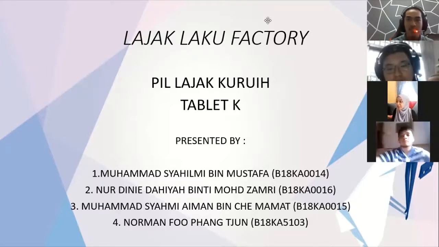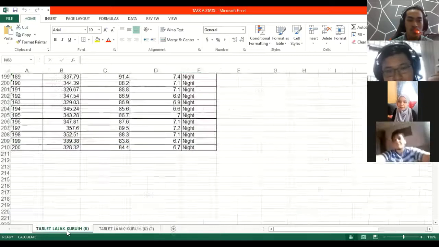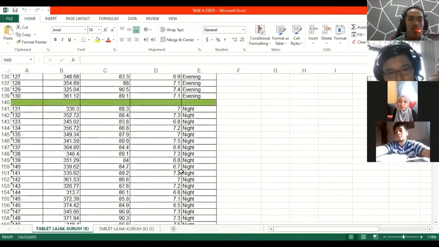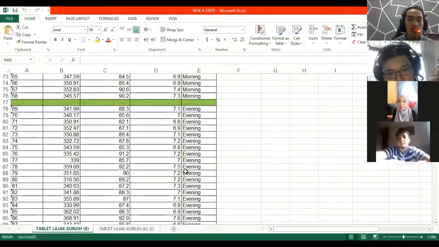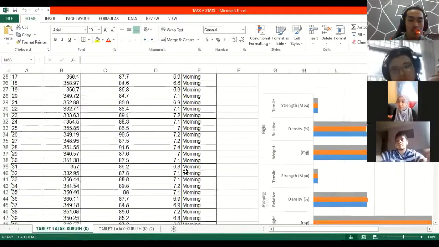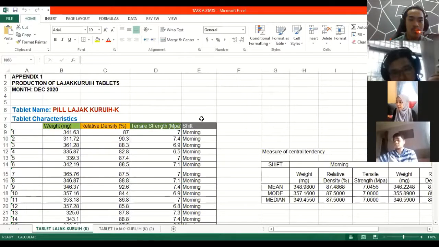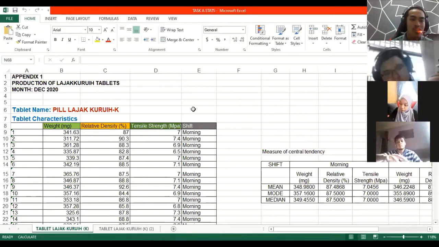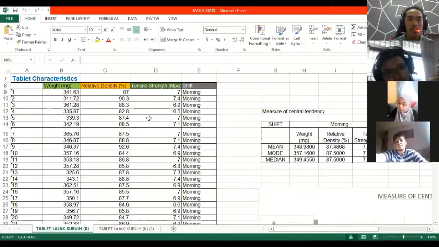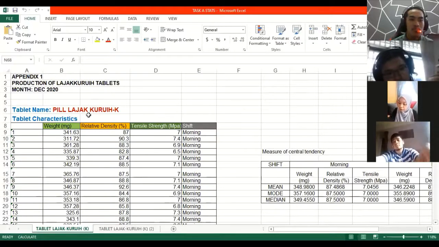Okay, we proceed to the first task. We have been appointed to do a little bit of calculation on statistics engineering. We have been given about 200 data samples, which is P-Lajak Kuruke.